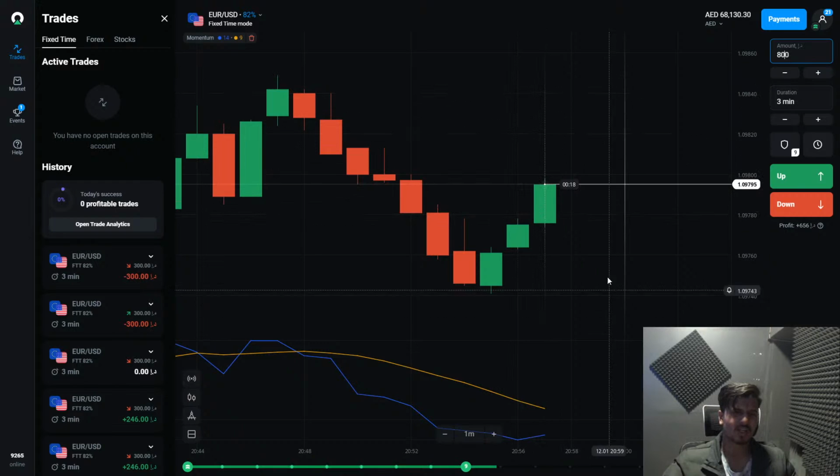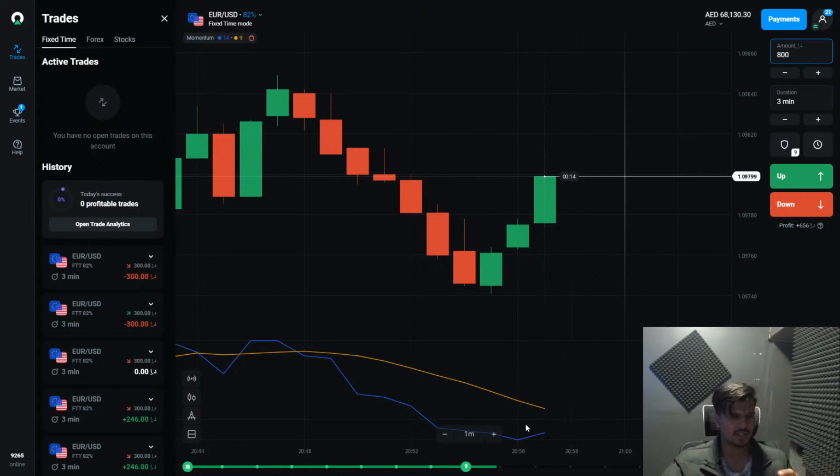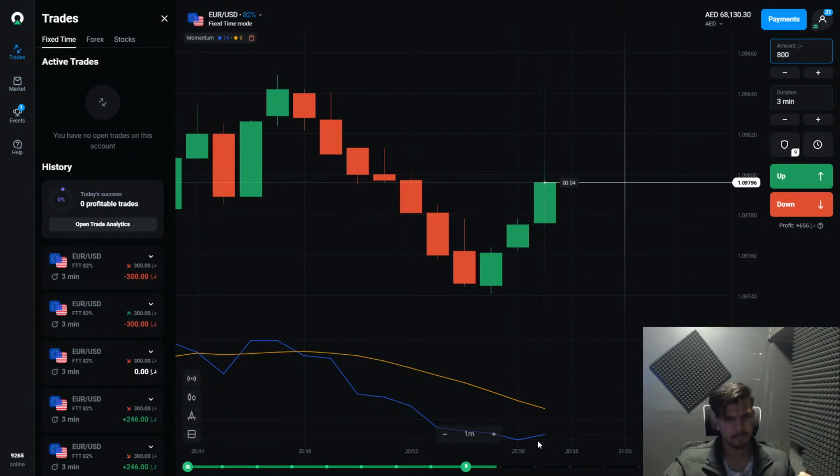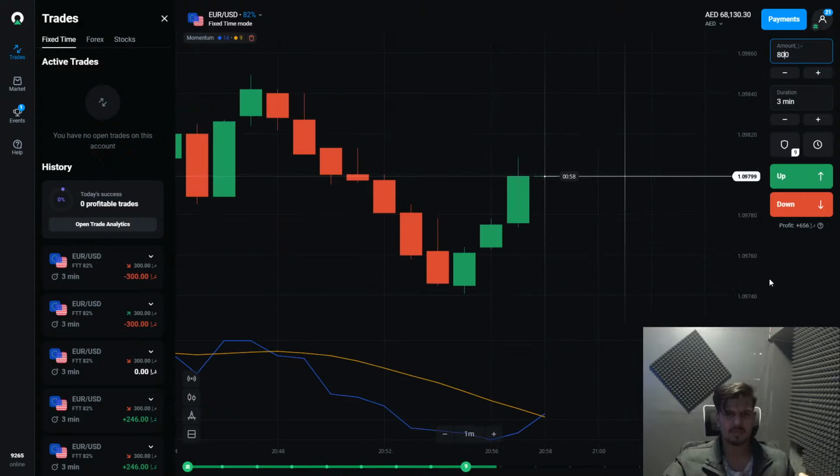These are the oscillator momentum lines, and they indicate the direction of the Japanese candlestick. If it's moving up, then it is going up. If it's going down, then it is also coming down.